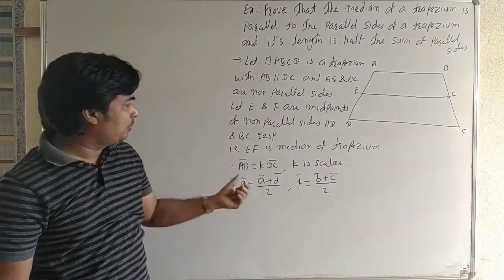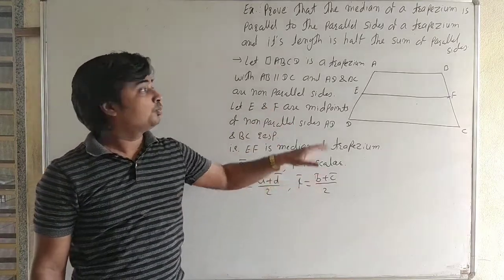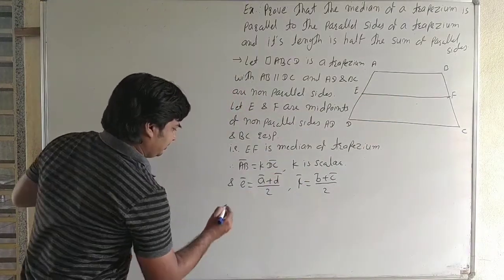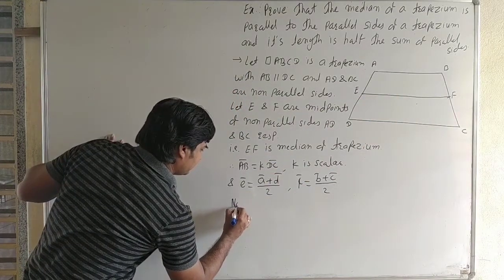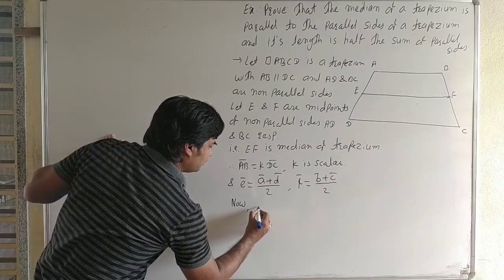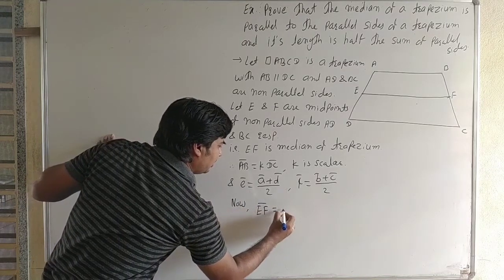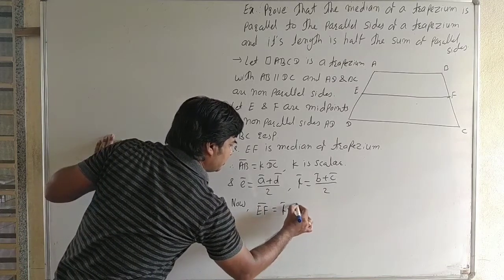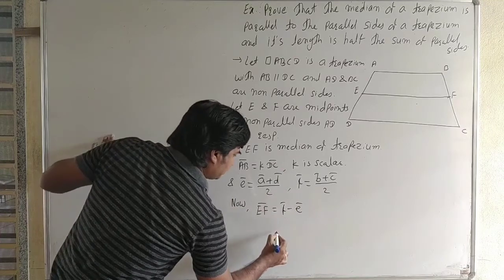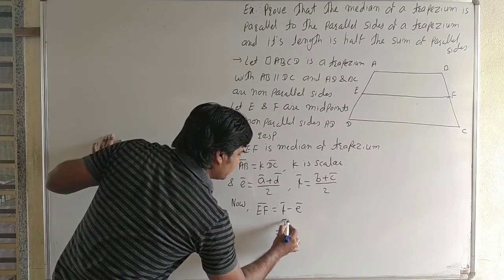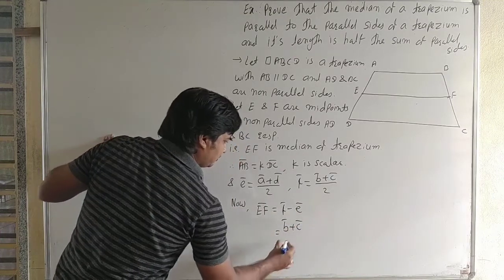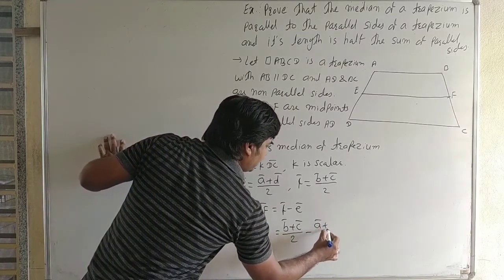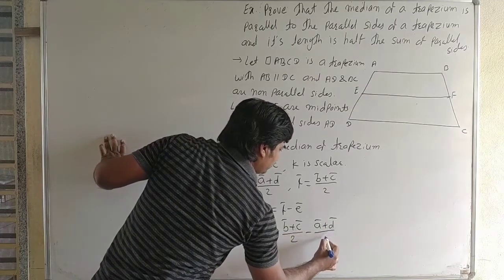Now we have to prove EF is parallel to AB or DC. First find the vector EF. Vector EF is F bar minus E bar. Therefore we can write (B bar plus C bar) upon 2 minus (A bar plus D bar) upon 2.